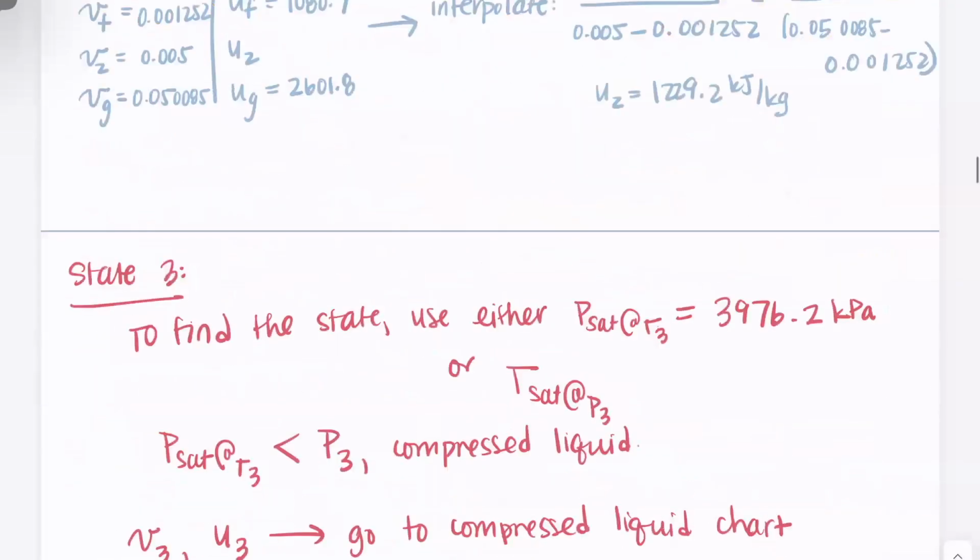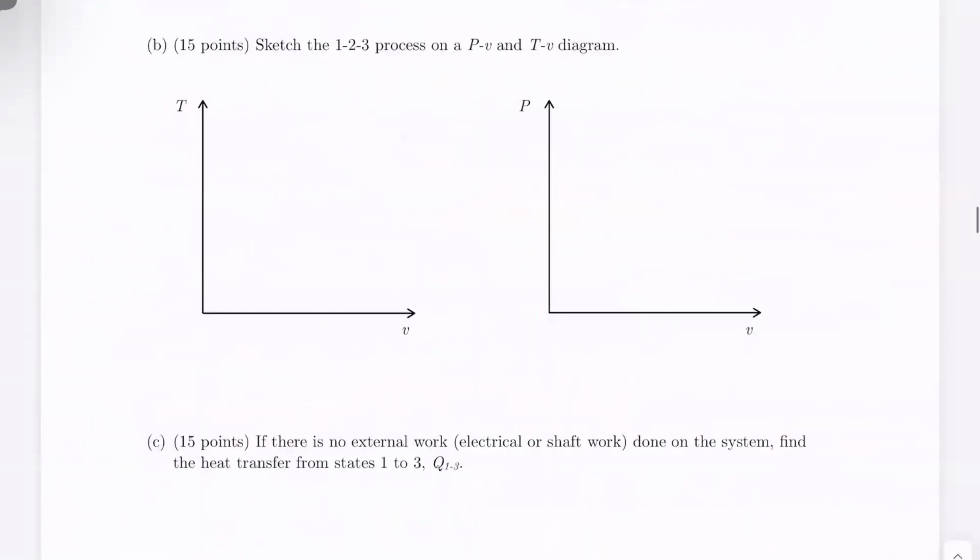Okay, so the next thing that we want to do is draw this on a TV and a PV diagram. And now that we have all of the coordinates that go on here, as well as what state they are, we can put them in relation to the vapor dome, right? So let's do that.